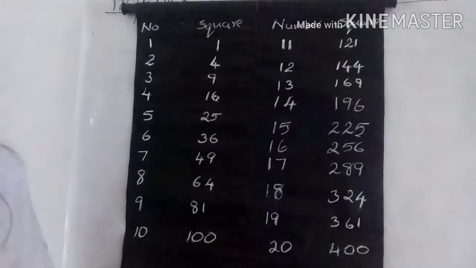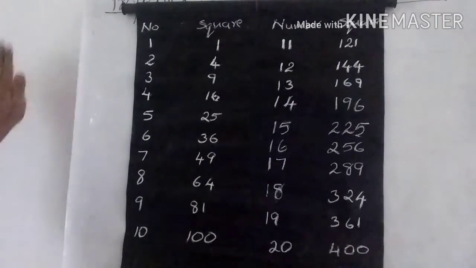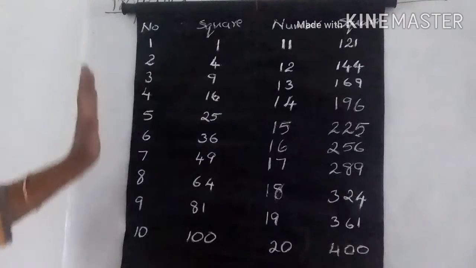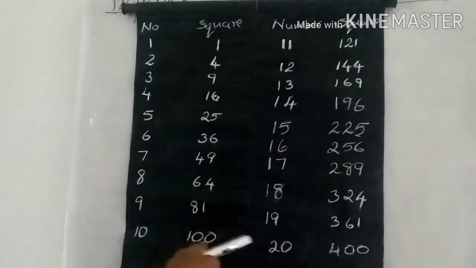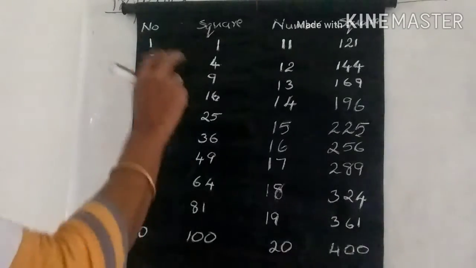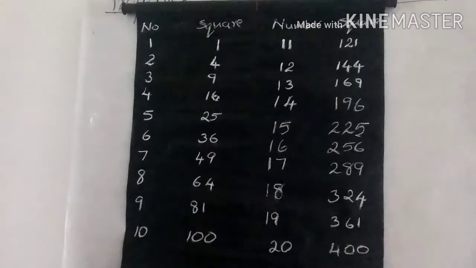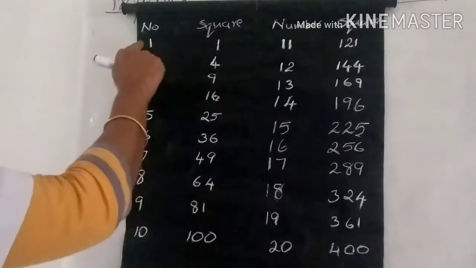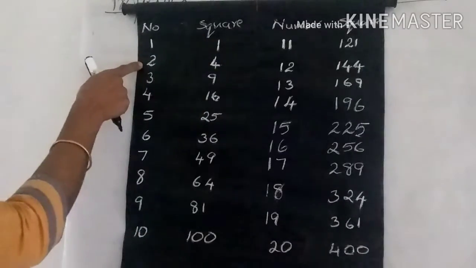Before studying the properties of square numbers, we can find out the squares of the natural numbers up to 20. What is the square of the first 20 natural numbers? These you have to learn by heart. First number 1. Square of 1 is 1.